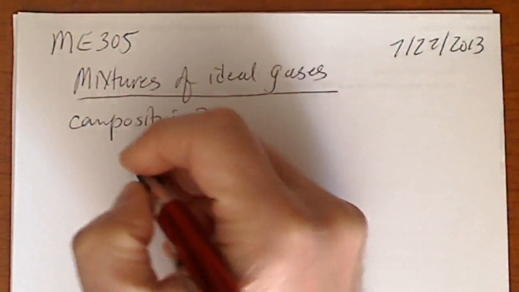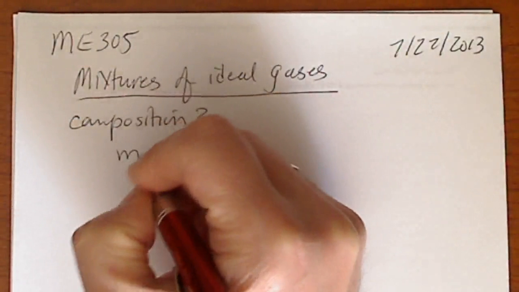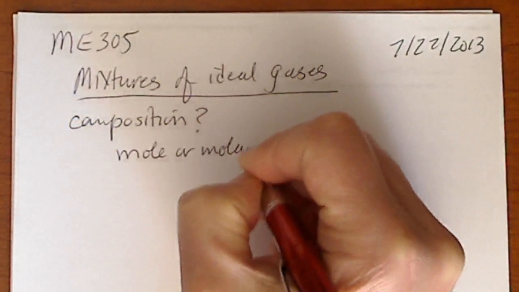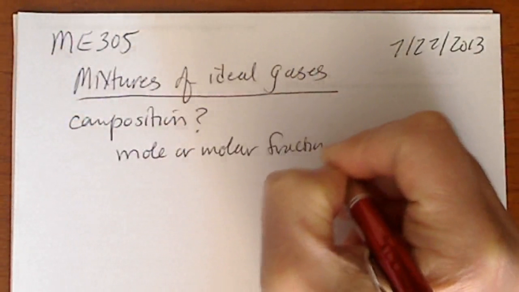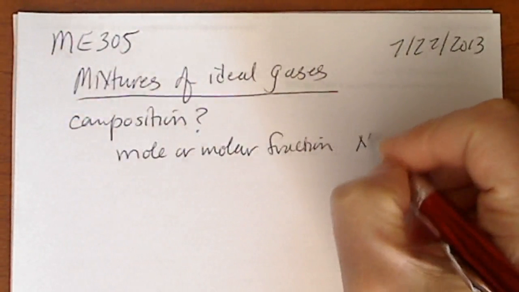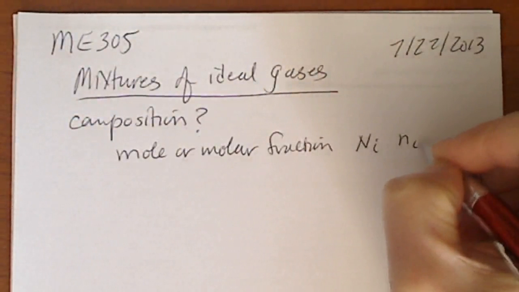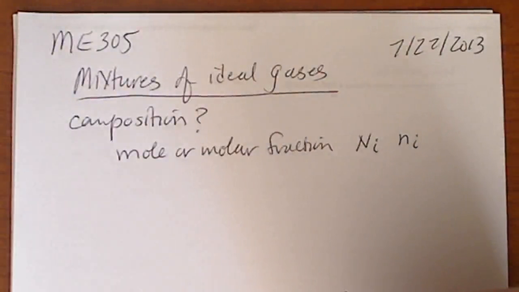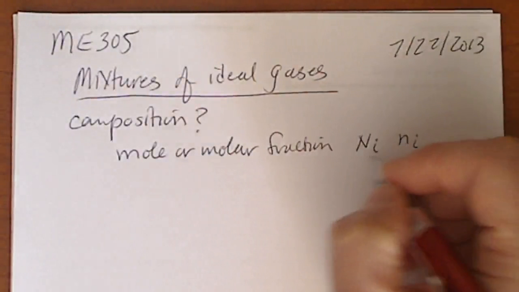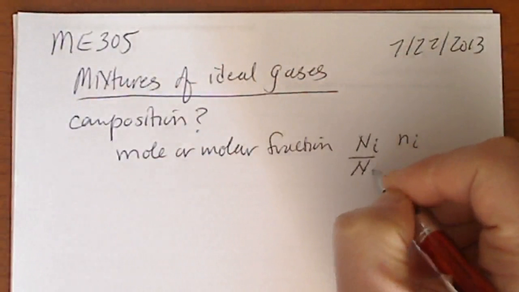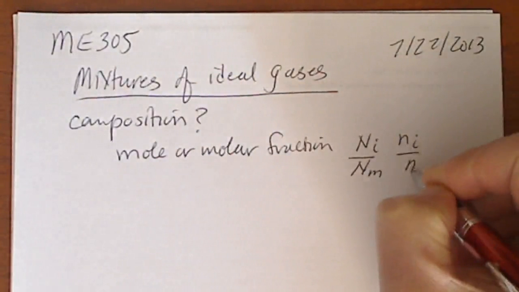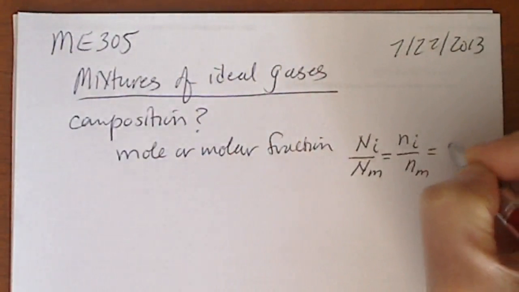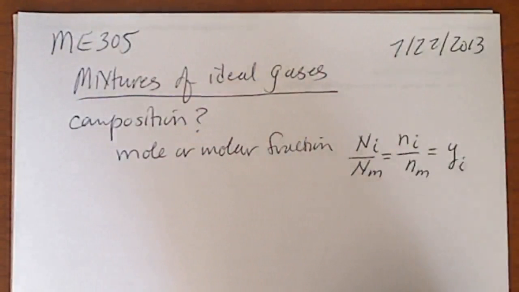Well, we can either talk about the mole fraction or molar fraction. I think the text uses capital N, and I often use a lowercase n to represent that. Okay, so what does this mean?